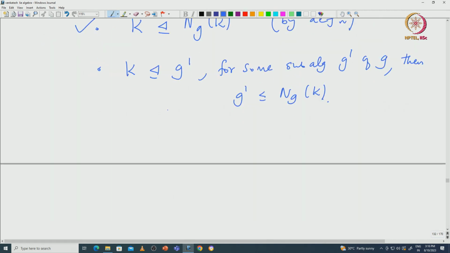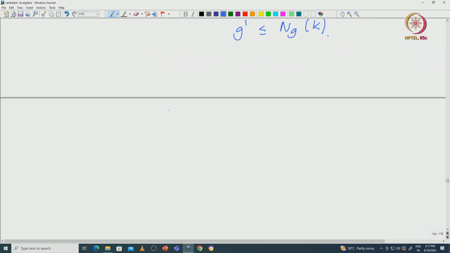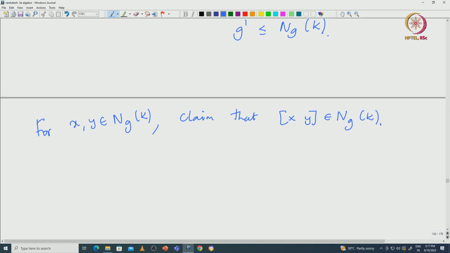That will actually follow from the Jacobi identity. So, let us check. You start with two elements in N_G of K, call them x and y, and we want to claim that this bracket [x, y] is again inside N_G of K. So, for that you take any element z inside K. We have to verify that [[x, y], z] is again an element in K. So, this is what we need to prove.